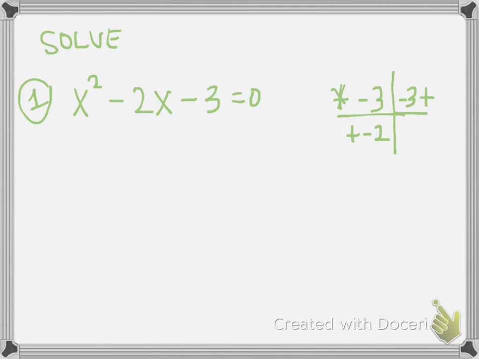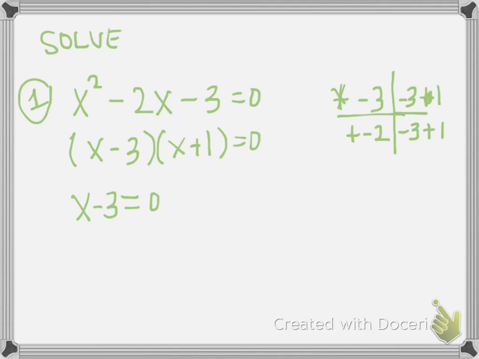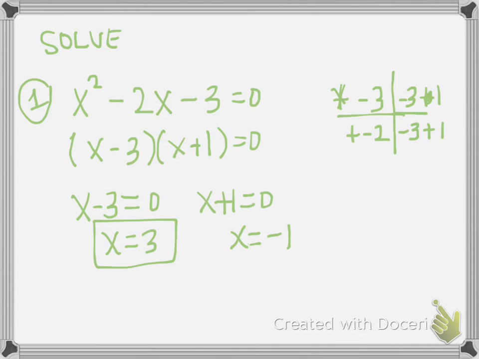Negative 3 times 1, and negative 3 plus 1 down here. So that means that these can factor to x minus 3 times x plus 1. Set each one equal to 0. So x is going to be equal to 3 and x is going to be equal to negative 1.